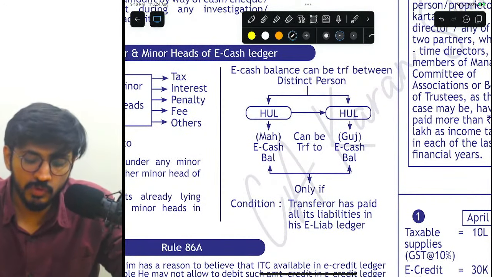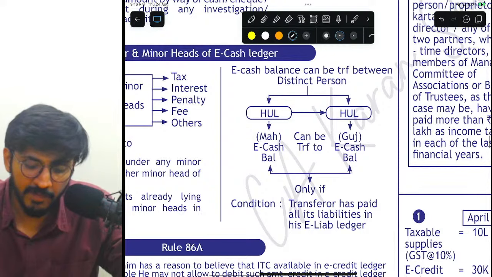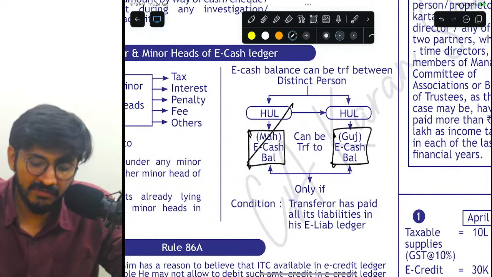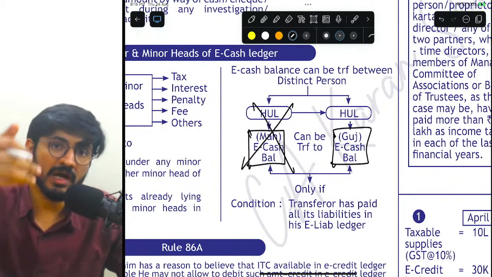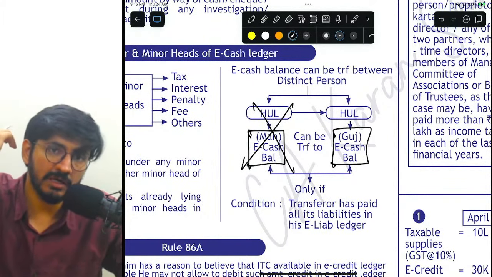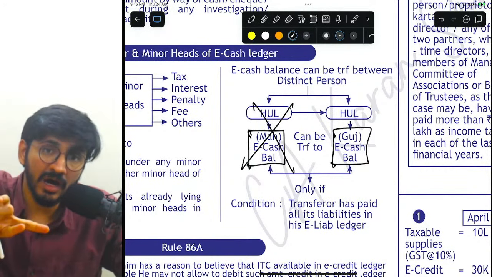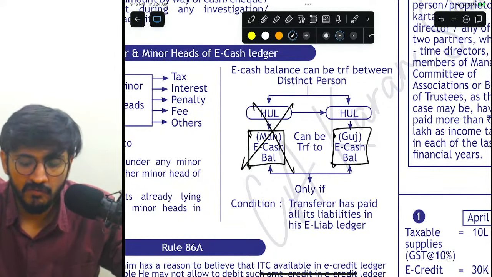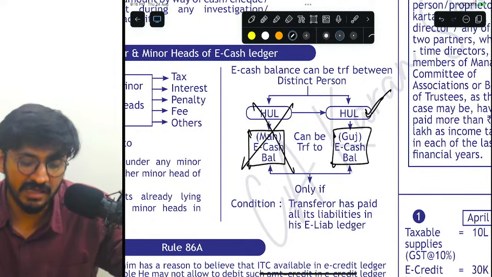And the next is, my dear friends, very, very simple. When it comes to the e-cash ledger balance, for example, if I had a branch in Maharashtra and also a branch in Gujarat, and I close down my branch in Maharashtra, earlier I had to refund the e-cash ledger balance directly to my bank account, but now I can transfer it to my other branch account having the same PAN before closing it down, which will be useful because the Gujarat branch is still existing.